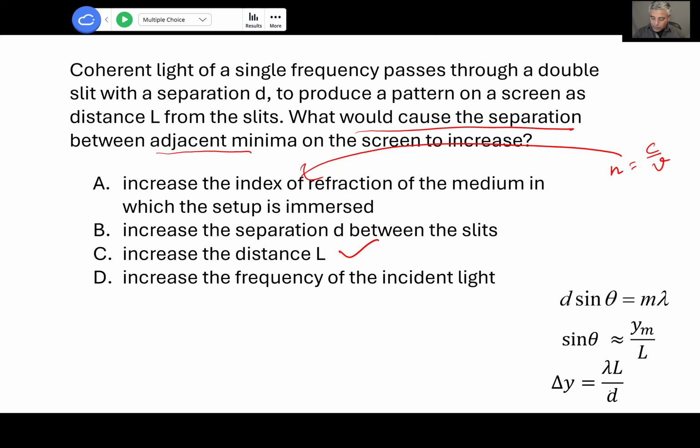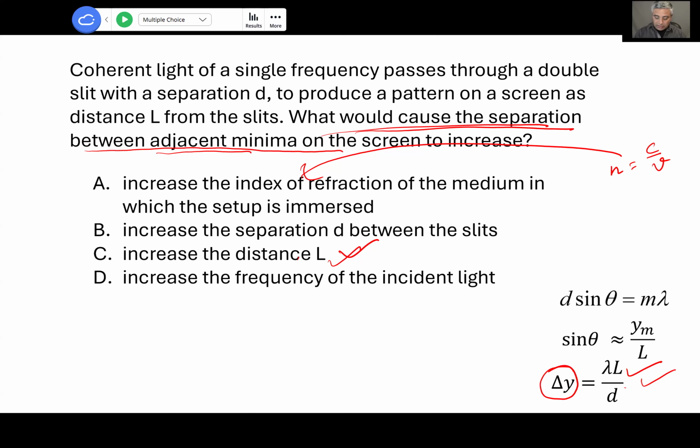So what would cause the increase in delta y, which is the fringe width between the minima? If we increase L, that's going to increase it. Okay, so that makes sense.